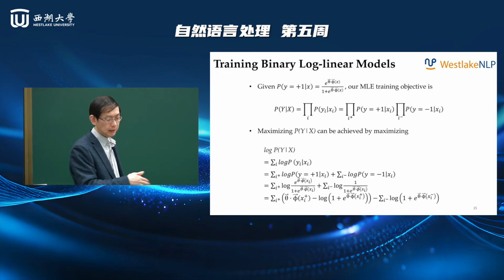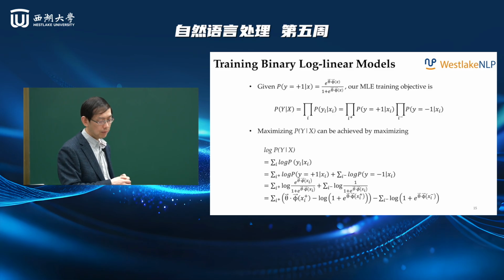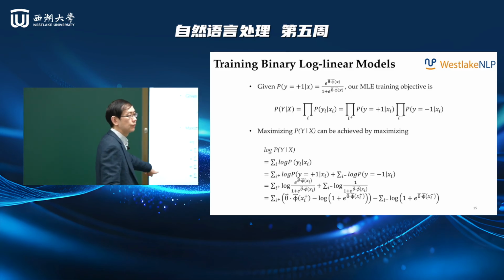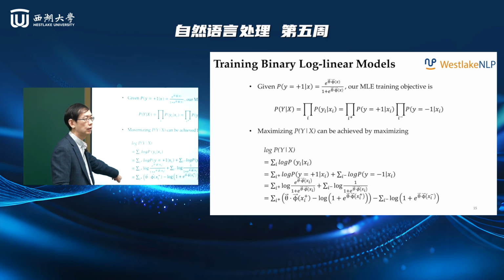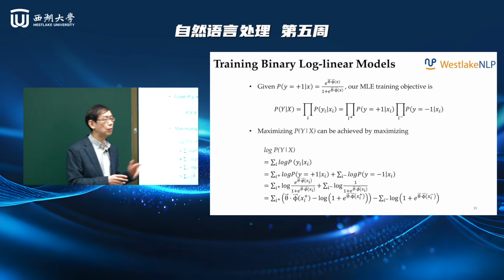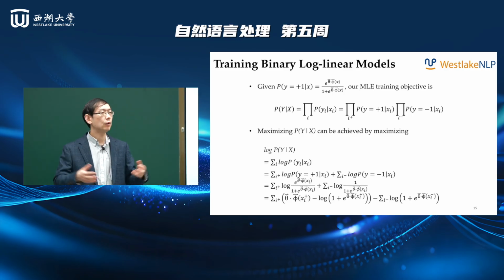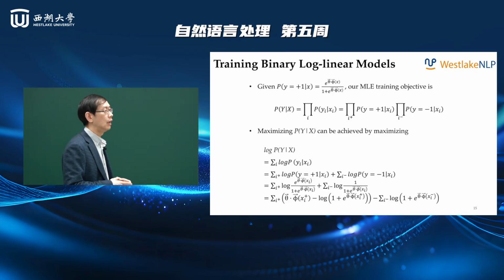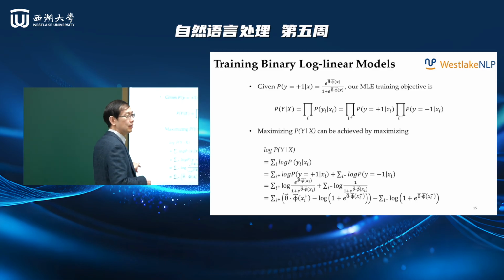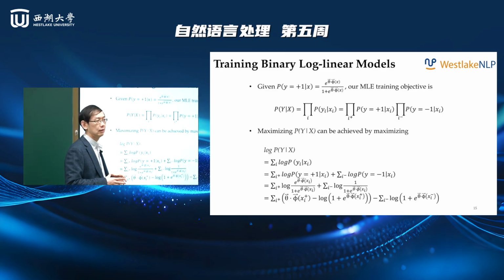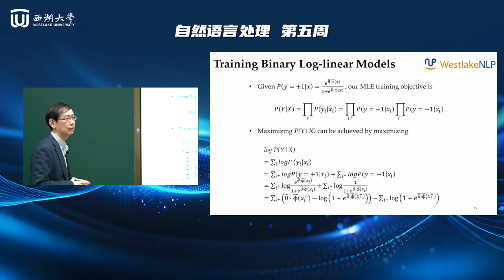You just replace them with the sigmoid and 1 minus sigmoid, and you get an equation like this. That's the data likelihood, and our model parameters are in it. Now what we want to do is maximize this function and find the value of theta. How do we do that?